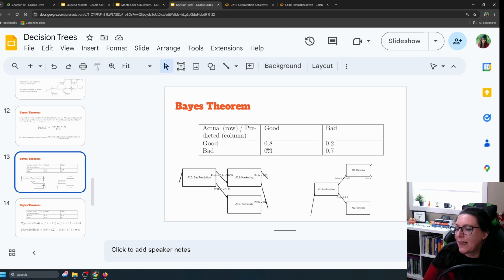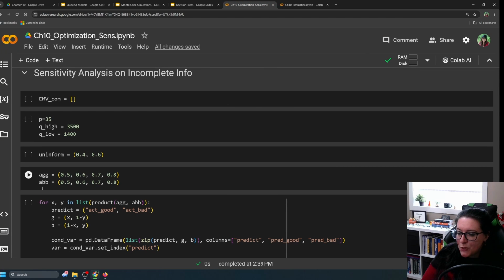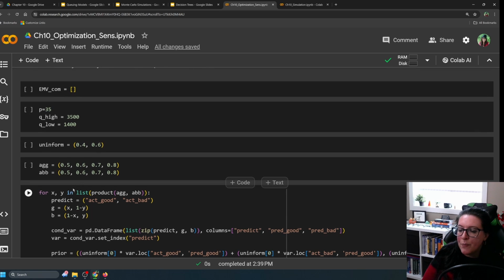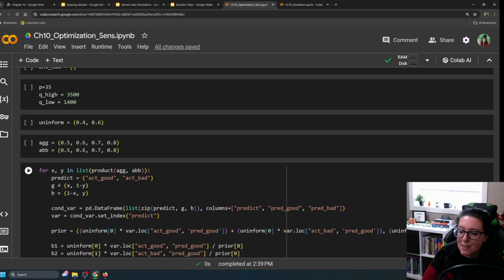This 80-20 and this 30-70, we can actually change those and do an analysis here. And so we can keep the uninformed as 40%, 60%, keep the quantity as 3,500, 1,400, and the price as 35. But we could change that table here where we're looking at this relationship between predicted good and actually good and look at a range.